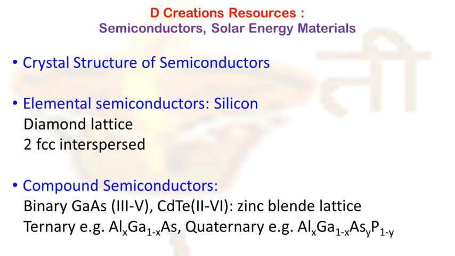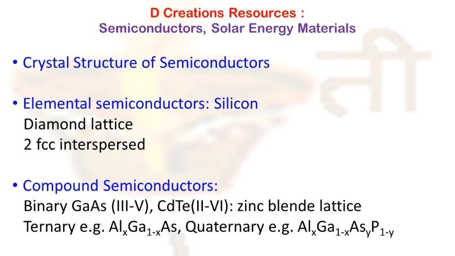For example, gallium can take the positions of atoms of a non-displaced FCC unit cell, and then arsenic will take the positions of atoms of the displaced FCC unit cell. Together it will be gallium arsenide. This arrangement is basically the zinc blende lattice. So all these 3,5 compound semiconductors, or even 2,6 binary compound semiconductors like CdTe, have the zinc blende lattice.